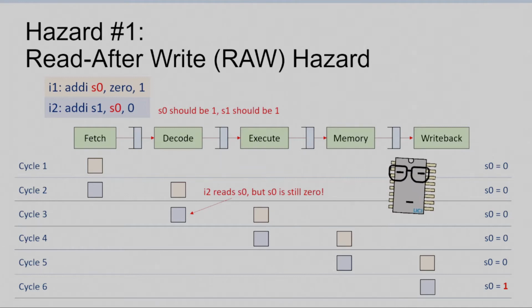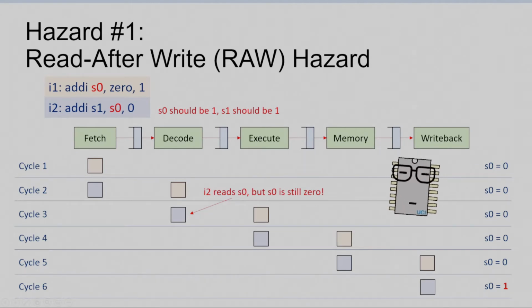And I guess after this stage, S1 will also be updated by instruction 2, but that's also going to be wrong. We expect S1 to be 1, but the S1 value is also going to be 0.